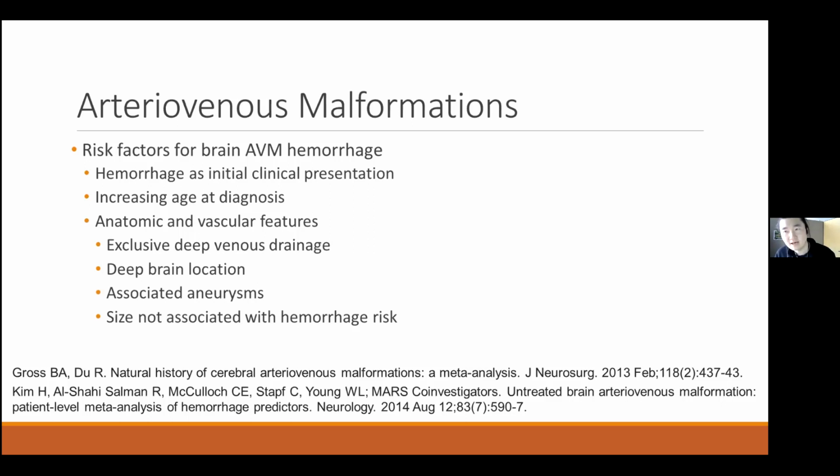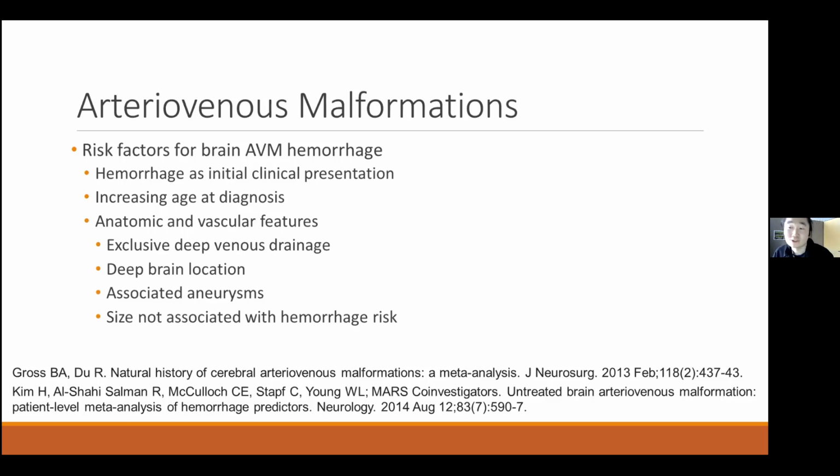A couple of meta-analyses offer insight on this. Like I mentioned several times already, hemorrhage as the initial clinical presentation seems to be the strongest predictor for subsequent hemorrhage in untreated brain AVMs, with the annual risk about 1 to 3%. But that risk is nearly doubled if there is a prior rupture or hemorrhage. Increasing age at diagnosis was another risk factor identified in one of these meta-analyses, and the risk seemed to increase by about 30% per decade.